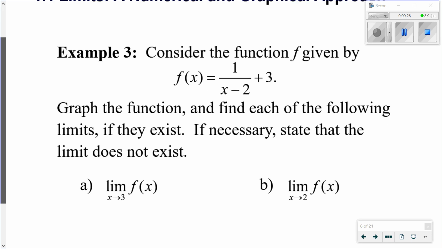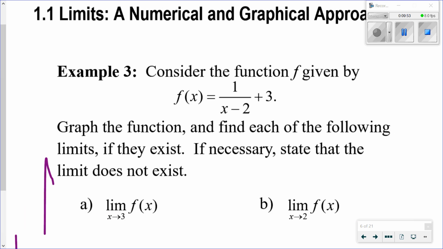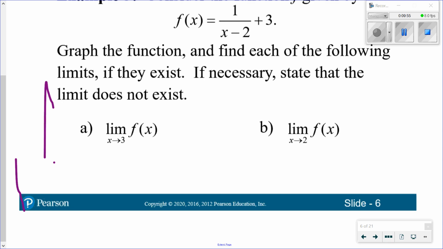All right, here is another example. And we have 2 things here. The limit as x approaches 3, and then the limit as x approaches 2. So let's start with the limit as x approaches 3. So in your y equals, I want you to write it just like this. So you're going to hit that y equals button.